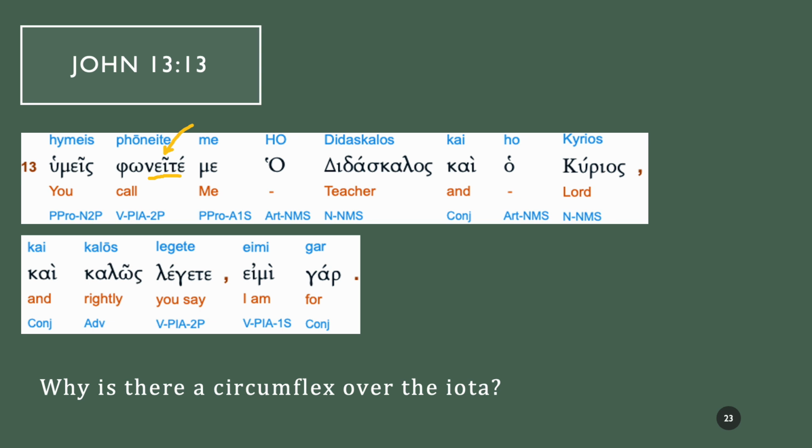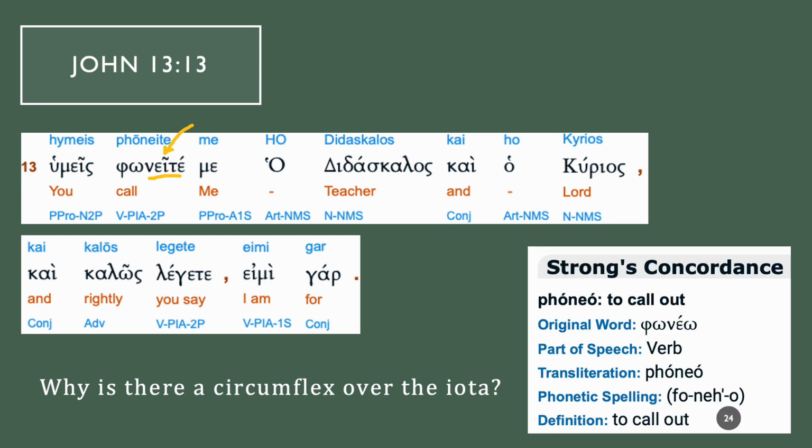First question, why is there a circumflex over the iota in phoneta? There are two reasons we get circumflexes in New Testament Greek. One is because it's a genitive, a possessive, and the other because there's been a contraction.